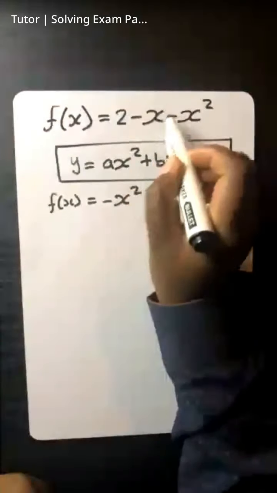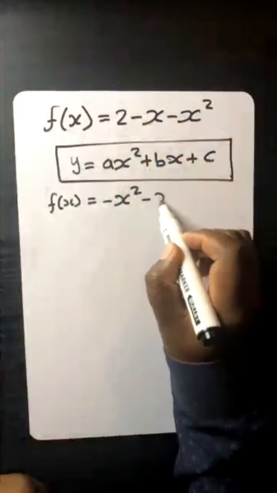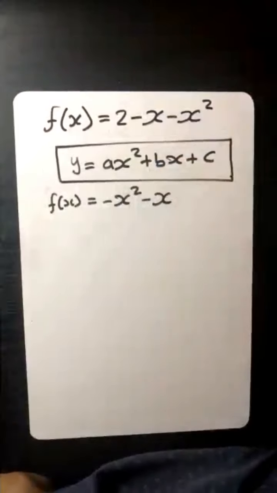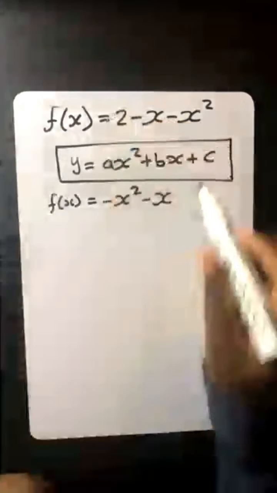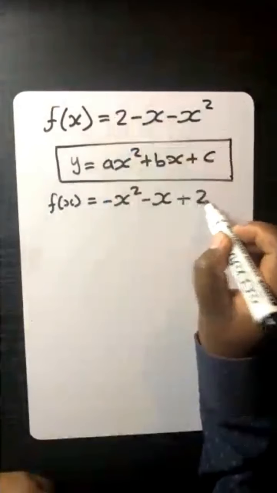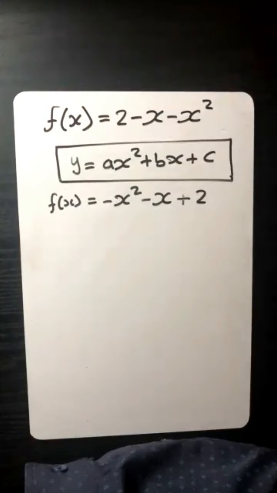Obviously, this is our middle term, which is negative invisible 1 x. Our c is positive 2, so you write positive 2. It is now in the standard form. I hope everyone agrees with me on that one.